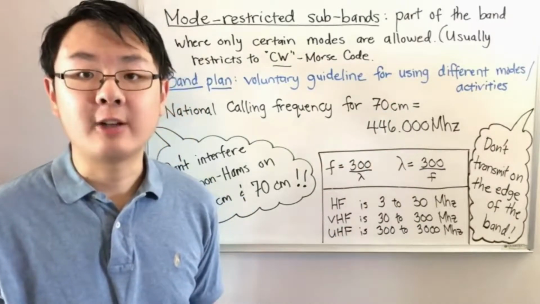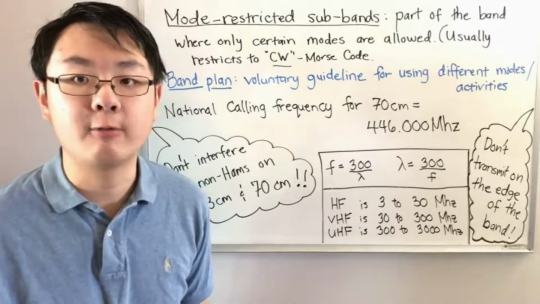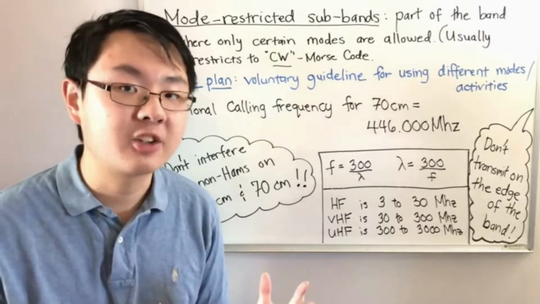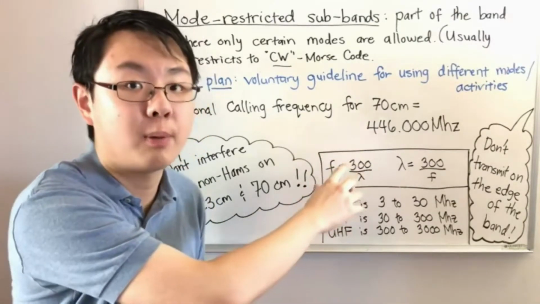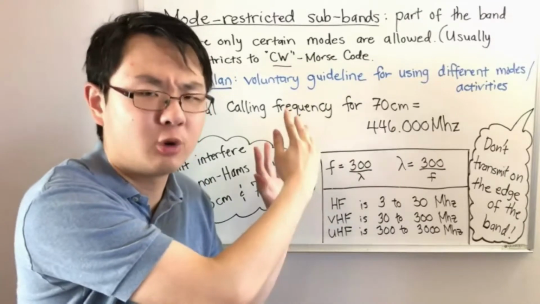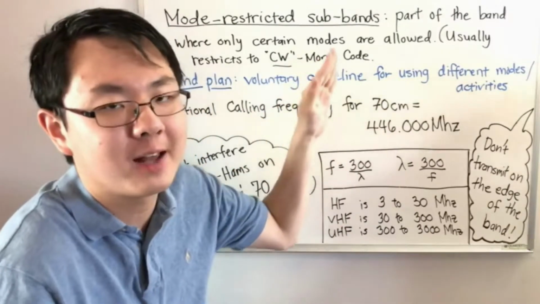Well, you might accidentally transmit above 148 megahertz if you do this, and this is due to a variety of reasons. For example, your transmitter might experience what we call drift, where we set our transmitter to transmit on a certain frequency, but it has a mind of its own and drifts over and says, no, I want to transmit on this frequency.